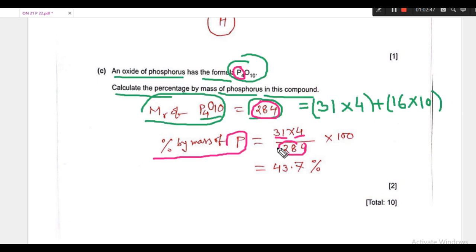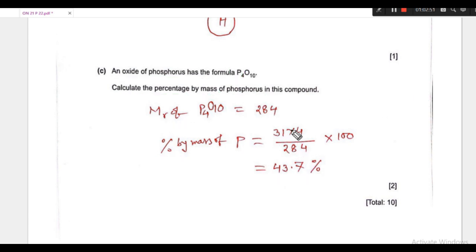The total relative molecular mass of phosphorus pentoxide is 284. In 284 grams, there are 31 times 4 grams of phosphorus. So in 100%, how much? You calculate: 43.7%.